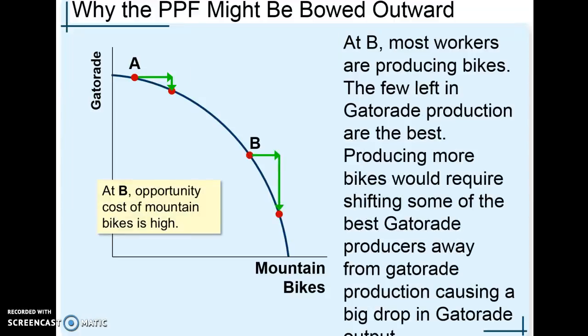At point B, most workers are producing bikes. The few that are left in Gatorade production are the best producers of Gatorade. Producing more bikes would require shifting some of the best Gatorade producers away from Gatorade production, causing a big drop in Gatorade output.